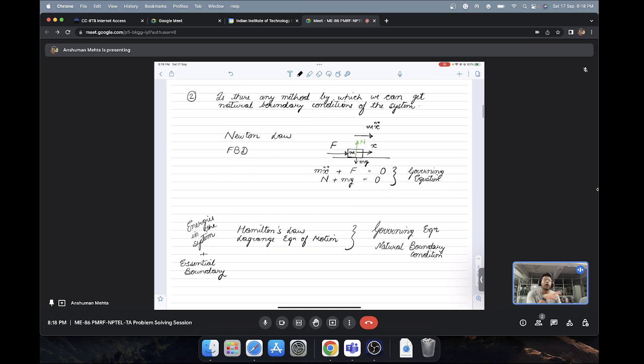But for a large particle or for a continuum, the Newton law loses its power because we have to be keen on the directions. There are generalized methods for Newton laws, but for Hamilton law, the requirement is simple. We need a scalar energy, and we can find out how the configuration is. So the final result is getting out the governing equation and natural boundary condition.